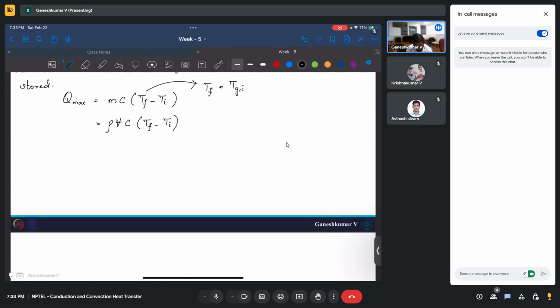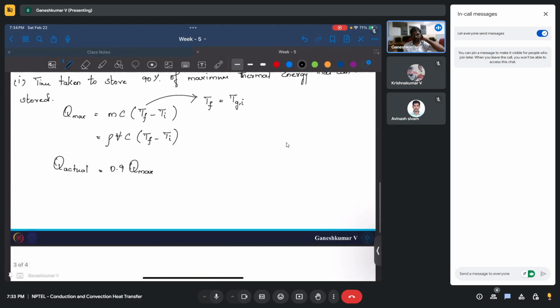Now only 90% of this Q. The actual Q is only 90% of this Q max. Once I reach 90%, I'm going to switch off. But I need to know at what time the 90% has been reached.